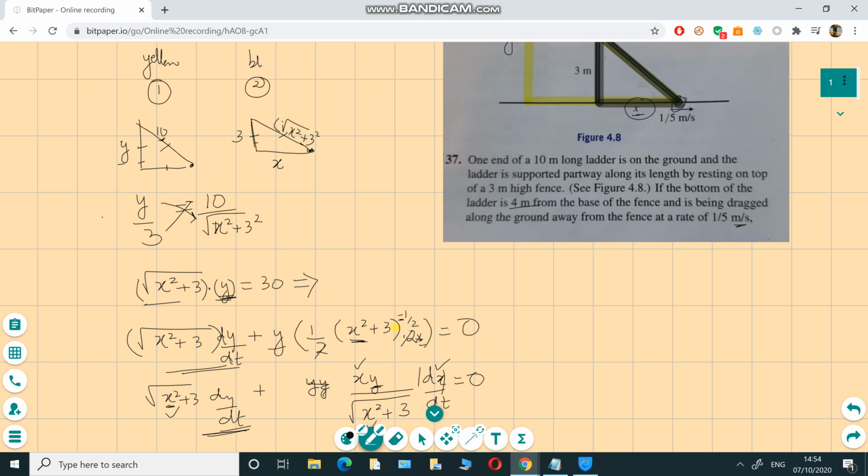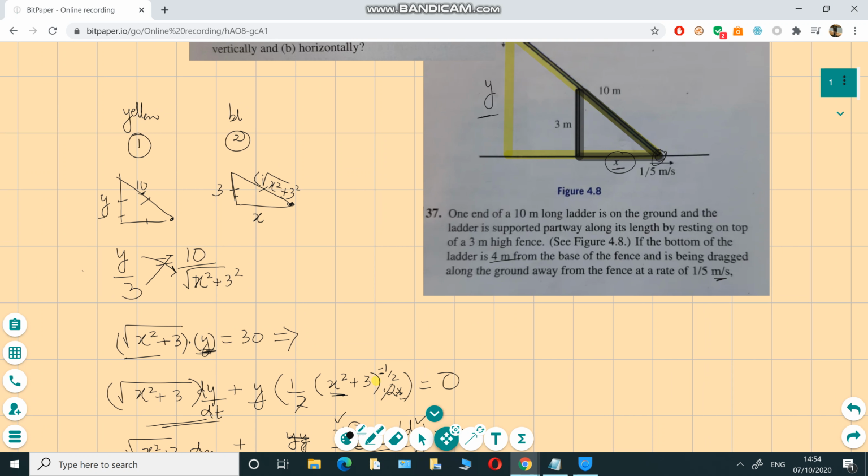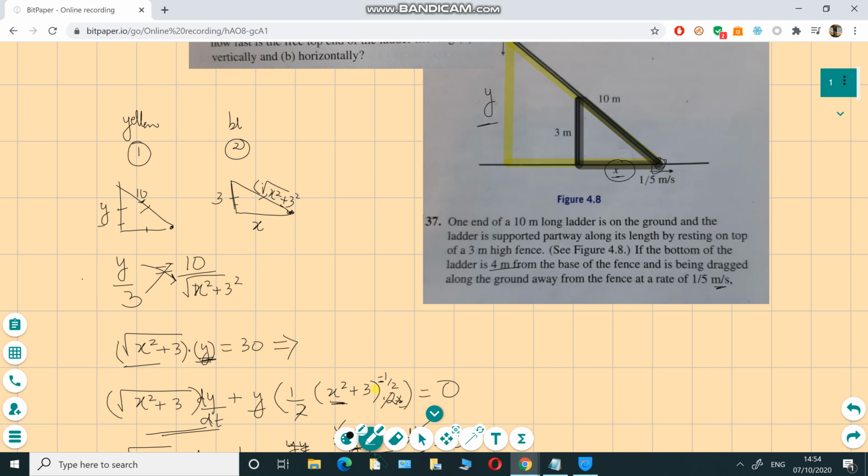So now to find this one term, you just need all of the other terms, and the missing term is the y. So we need to figure out what y is. And is that hard to do? That's not really hard to do, because we know that if this is 4, by Pythagoras theorem, this becomes 5, right? So it's the square root of 3 squared plus 4 squared, which is 5.